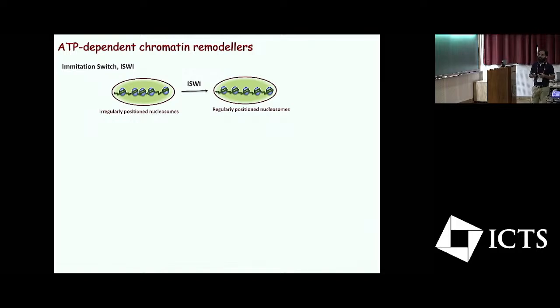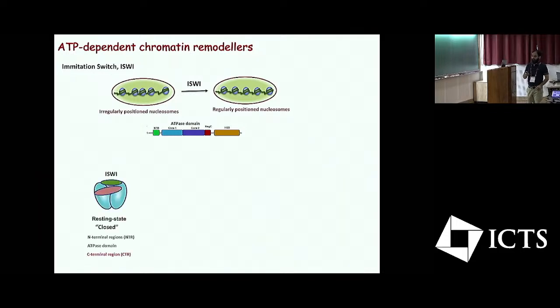So this is an energy dependent process, and there are several ATP dependent remodelers which do this job. One of the major players is the imitation switch, or ISWI. These remodelers have an ATPase domain in the center, flanked by N and C terminal regulatory or accessory domains.